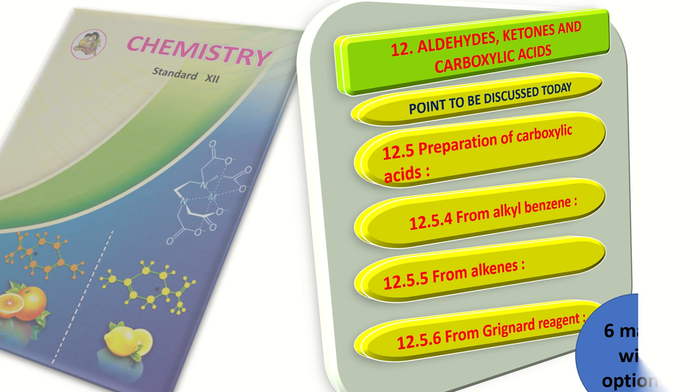In the last session, we completed some part of the preparation of carboxylic acids by the saponification method, and we also saw the Gattermann-Koch reaction, a separate reaction for the preparation of aldehydes. Let's focus on today's part, the preparation of carboxylic acid from alkyl benzene.